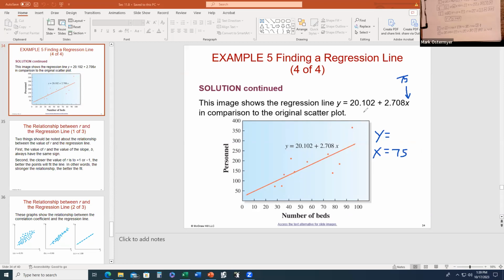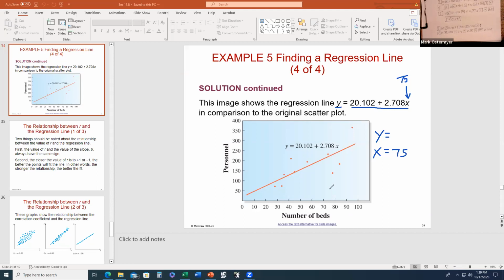Get on your calculator and dial this up. What's 20.102 plus 2.708 times 75? Tell me how many employees such a hospital would probably be predicted to have if it has 75 hospital beds. So do this on your calculator: 20.102 plus 2.708 times 75.